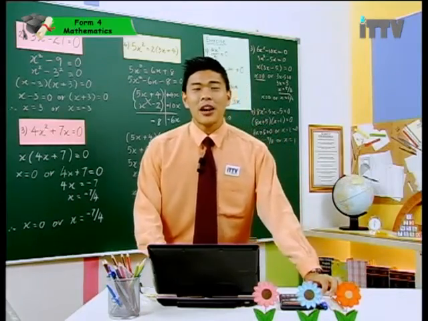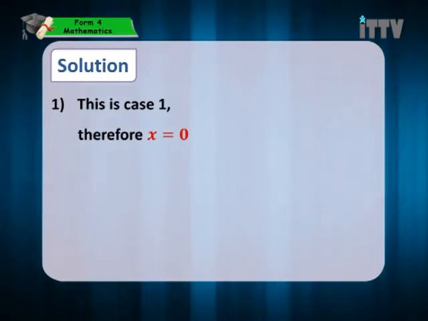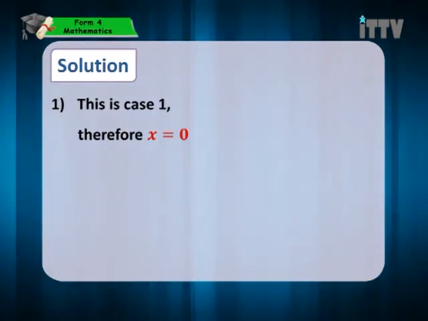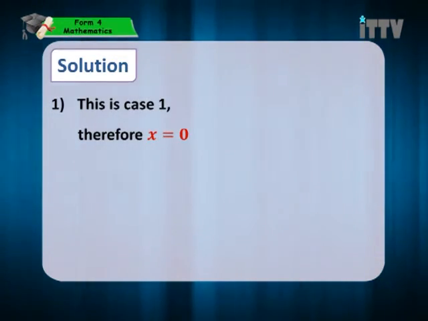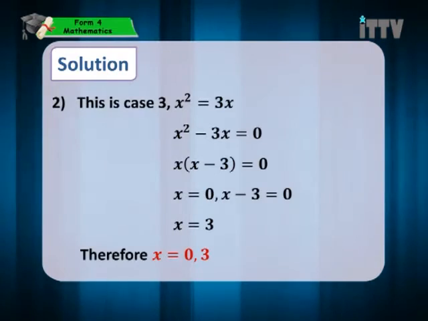Alright guys, I'm sure you have your answers with you. Let's run through them quickly. For question 1, this belongs to case 1. Therefore, for every equation in case 1, x is always 0. For question 2, this happens to be in case 3.